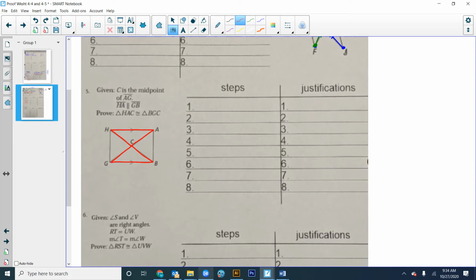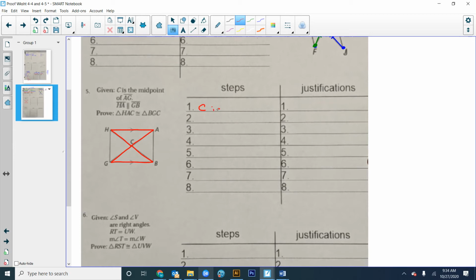Oh, look, C is a midpoint. What's the result when you have a midpoint? Two congruent sides. Oh, look, two segments are parallel, so I should be thinking of alternate interior angles. Very good. We are well on our way. We have a good plan.